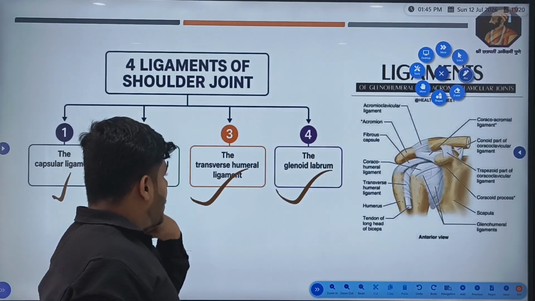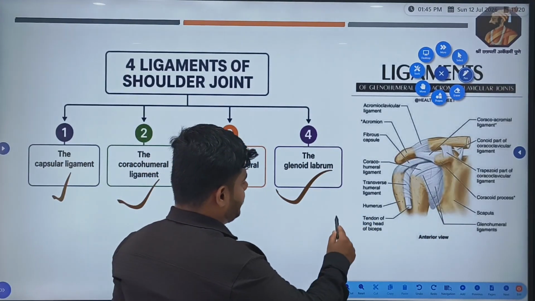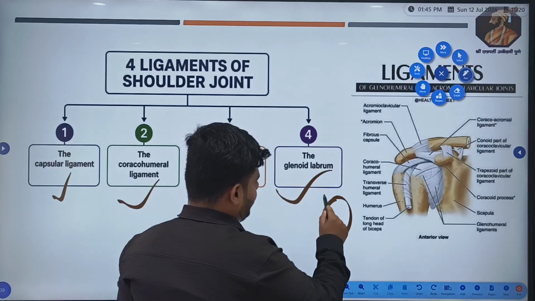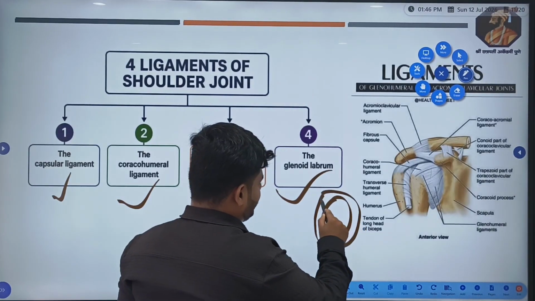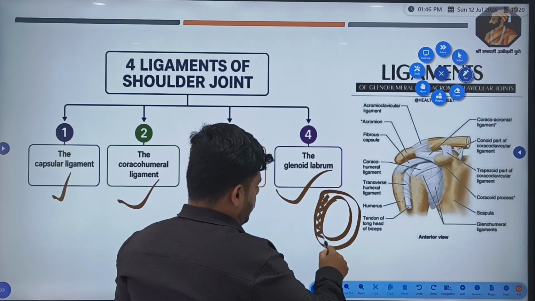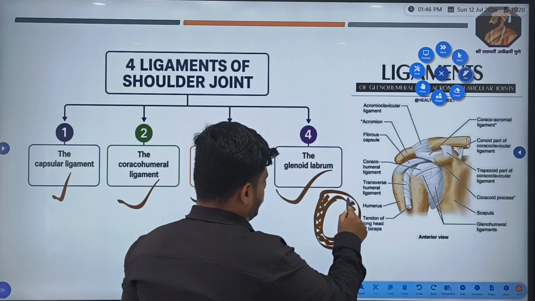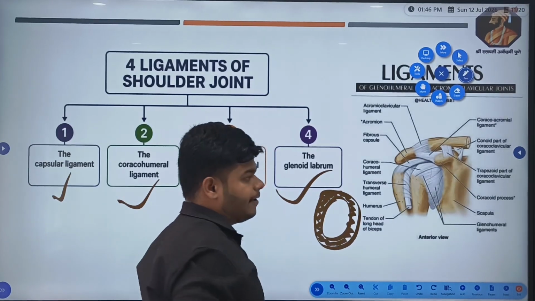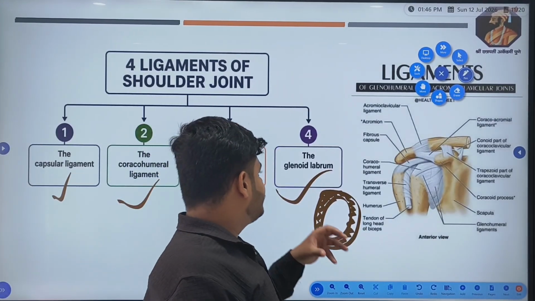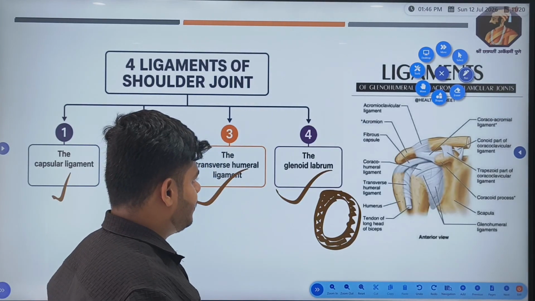Okay. And the glenoid labrum we have seen here. This is the glenoid cavity, and over here is a fibrocartilaginous tissue, which is also a kind of ligament which helps in the stability of the joint.